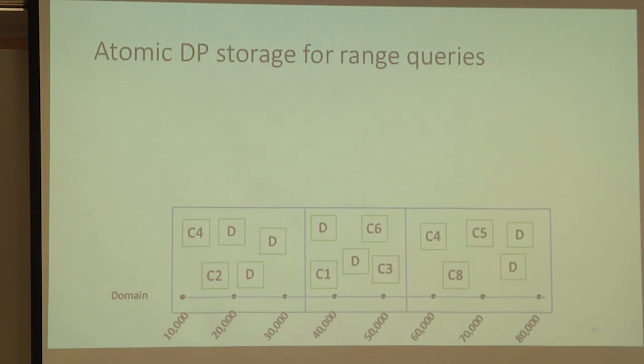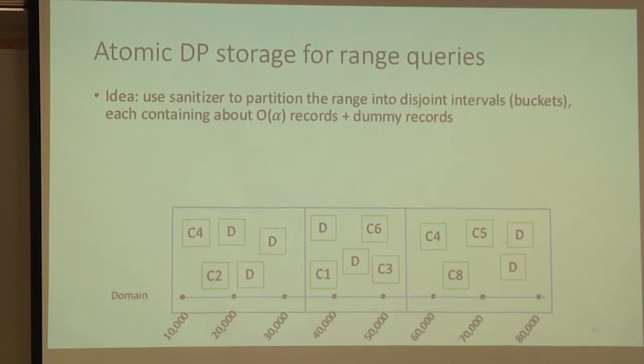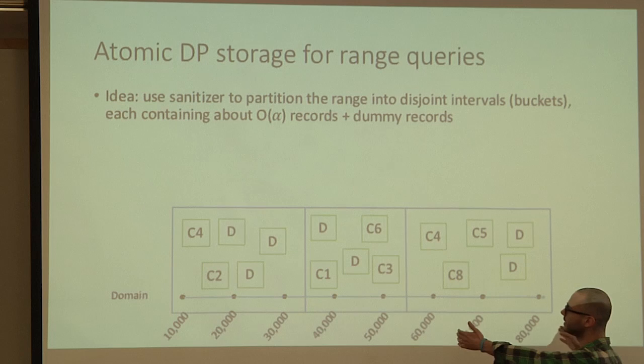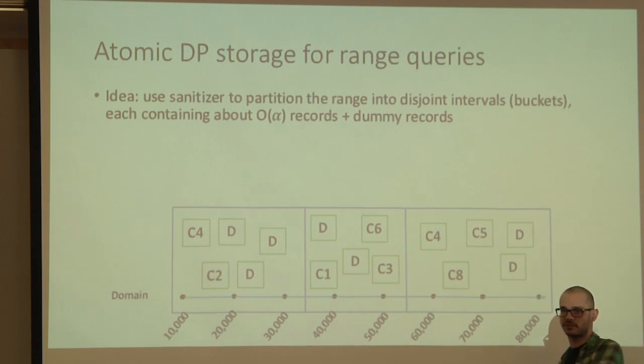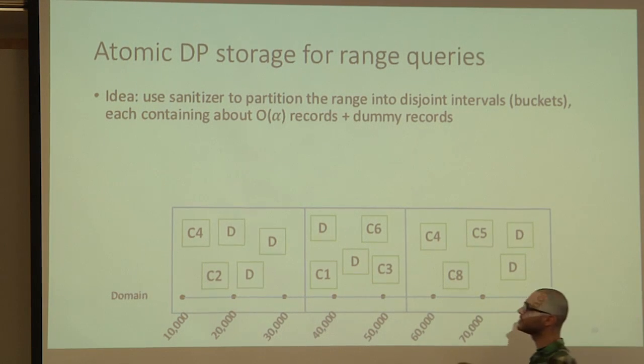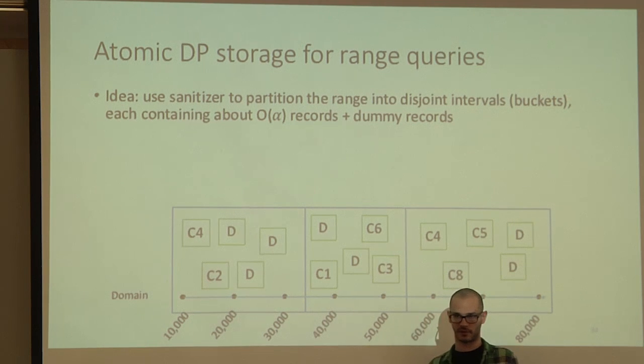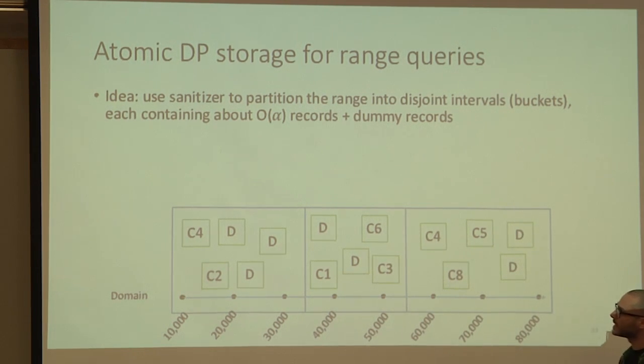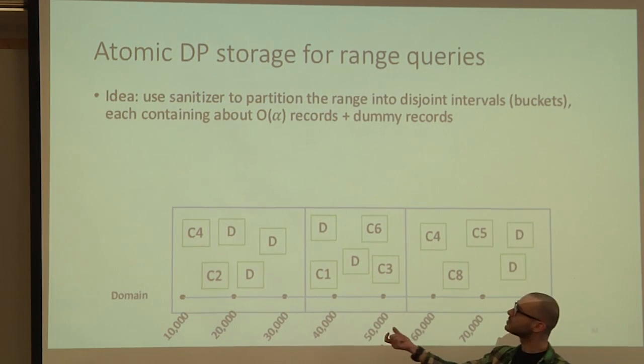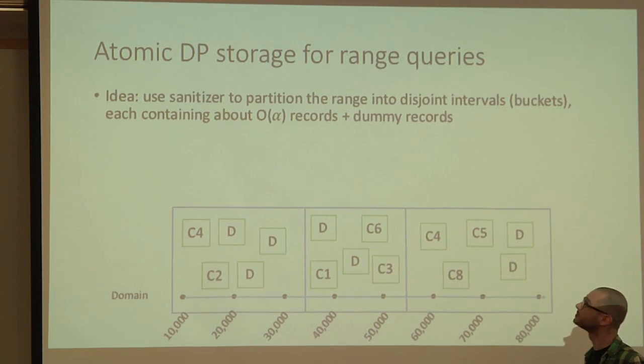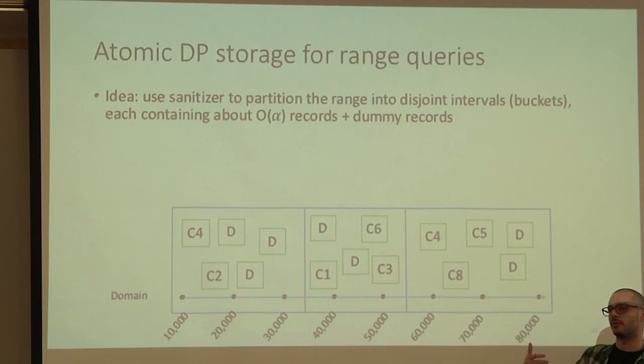So the idea is that, first of all, we're going to split our domain into disjoint intervals, and we're going to consider each of these intervals as a bucket of records. We want each of these buckets to store alpha records plus some copies of dummy records.